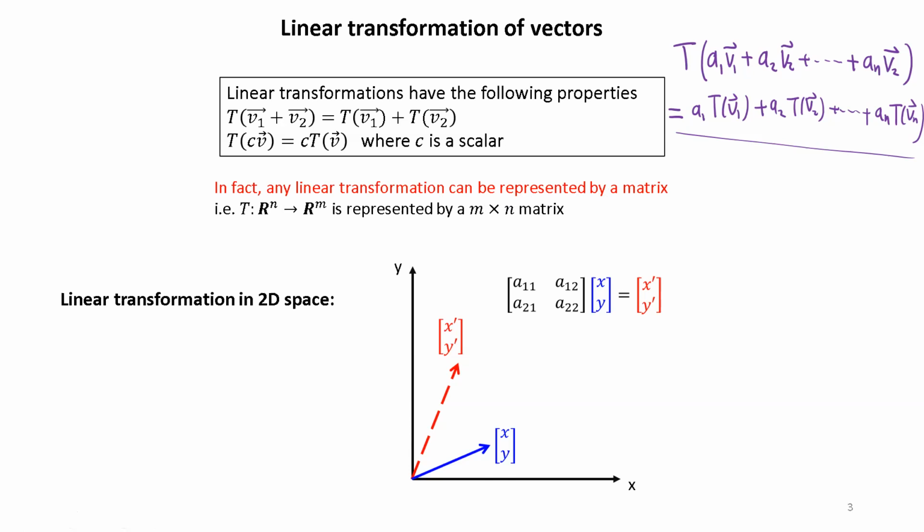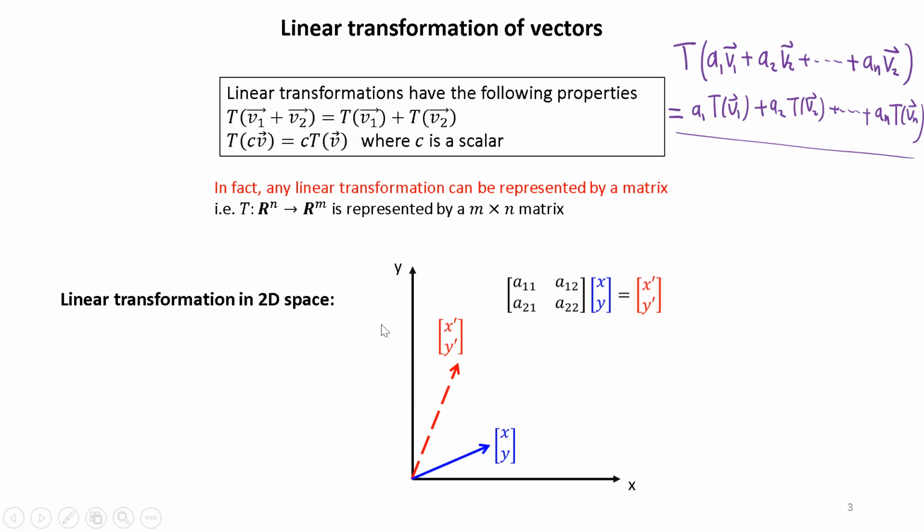And if you are going to transform a vector which originally lived in the n-dimensional space to another vector which lives in the m-dimensional space, then that linear transformation is represented by an m by n matrix. As I said, we'll just focus on two-dimensional space to two-dimensional space.